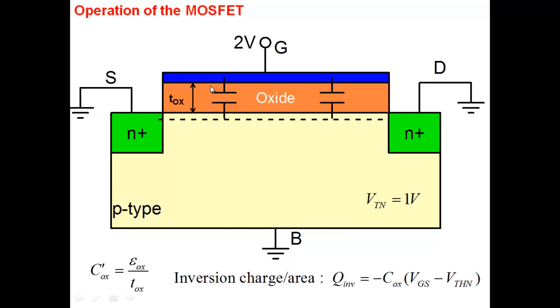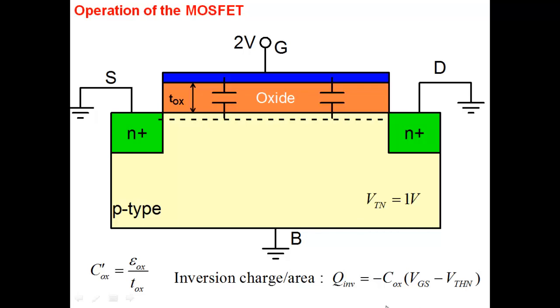Now, the inversion charge that is there in this particular MOSFET. We are considering a case where the voltage applied to the gate is 2 volt, threshold voltage is 1 volt, so it's higher than that. So we have a strong inversion layer here. Note that this is a capacitor. So you would expect that the amount of inversion charge here would be related to Q equal to CV.